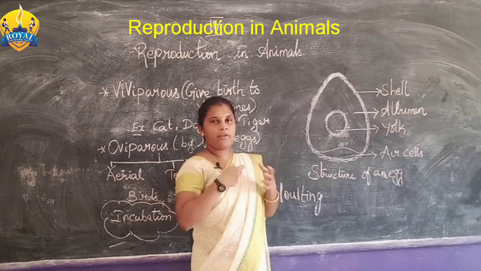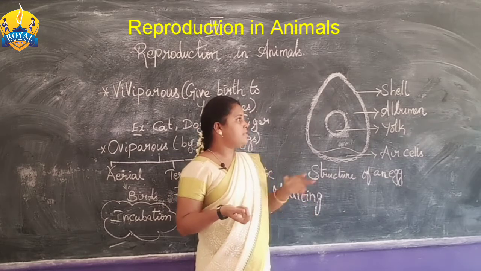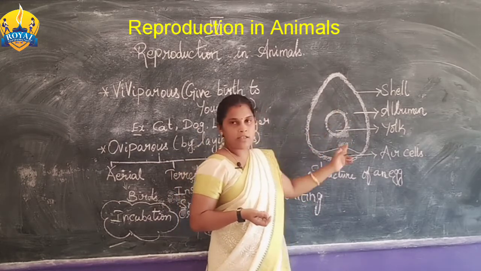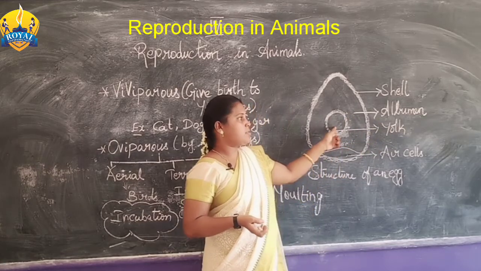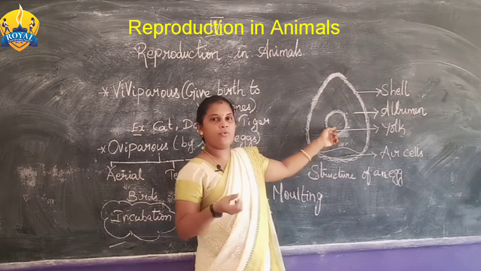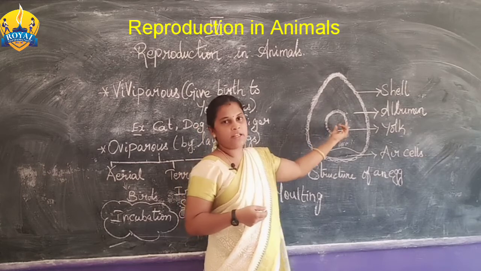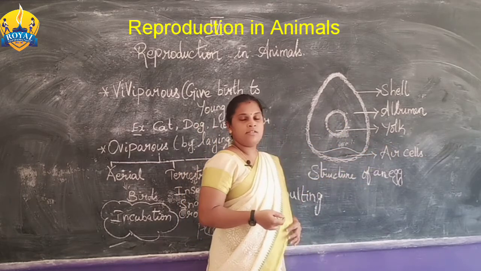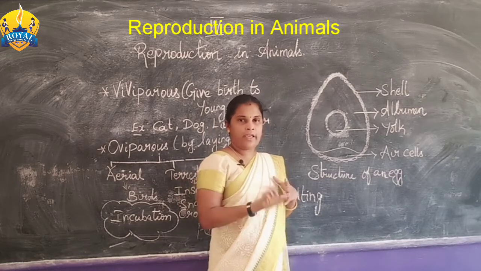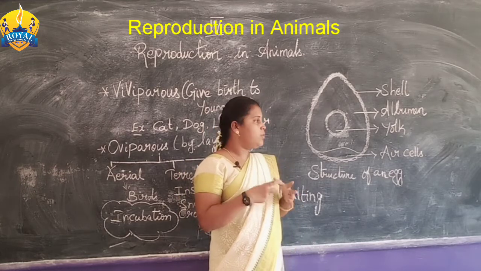We have eggs at home also, no? Yes, that is a white jelly like substance. So that is called albumen. Then the center one is called yolk. We also know we are eating yolk, no? That yellow part of an egg is called the yolk. What is the air cell? When a bird lays an egg, immediately it cools down, no?